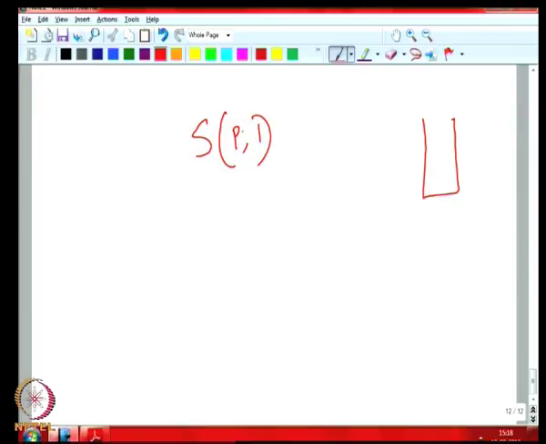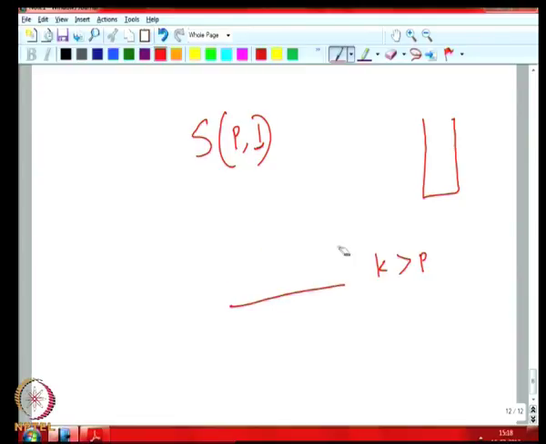So, therefore, we will assume that P is greater than or equal to 1. Also, if I consider S(P, K) where K is greater than P, then if every box has to be non-empty, we cannot do that. So, then this will become 0.